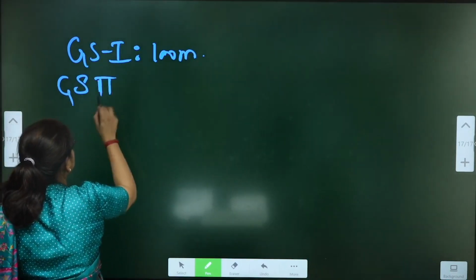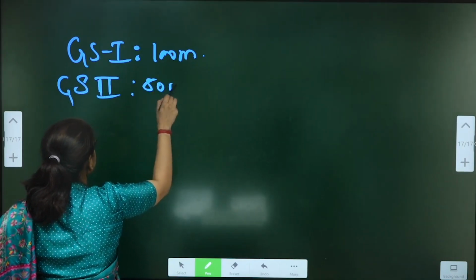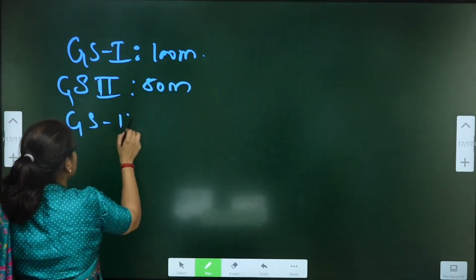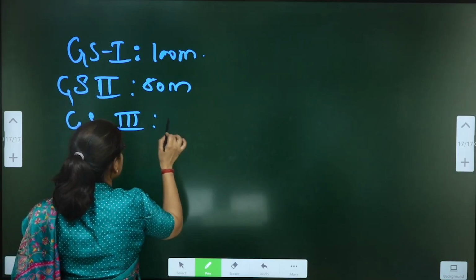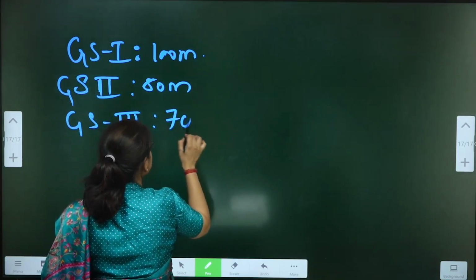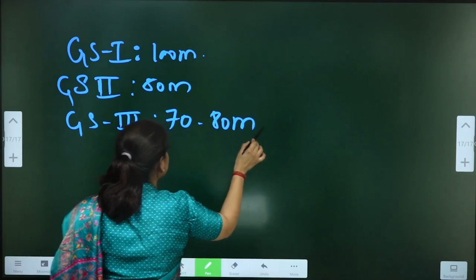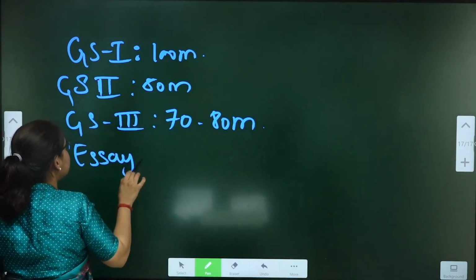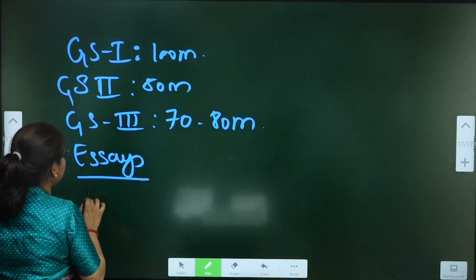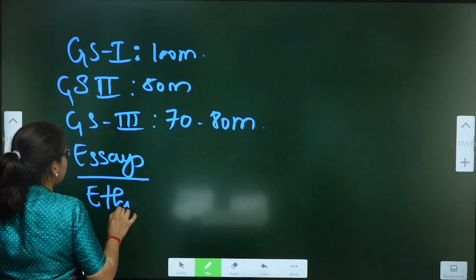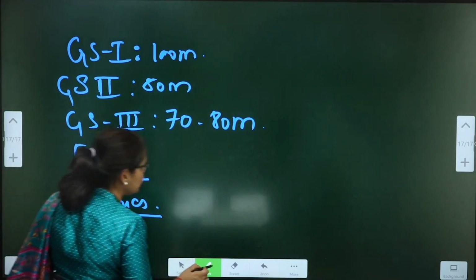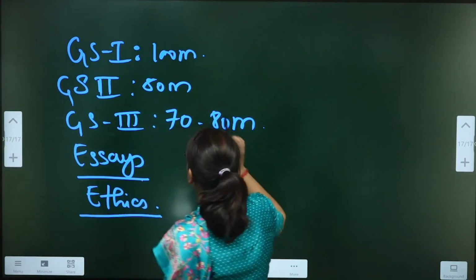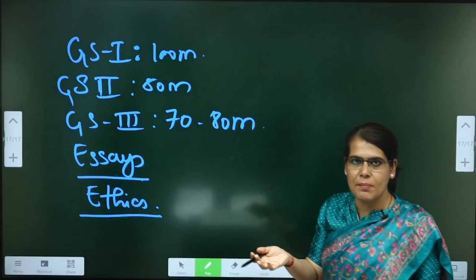GS2, somewhere around 50 marks. In GS3, again somewhere around at least 70-80 marks. And especially across essays. And you can always generate some dimensions even in ethics, which are geographical and which have an environmental context. So GS1, straightforward 100 marks from geography.